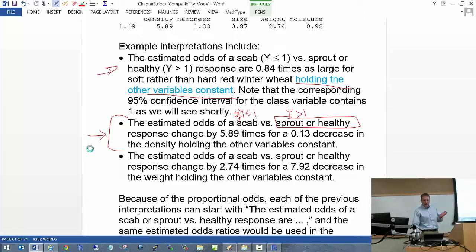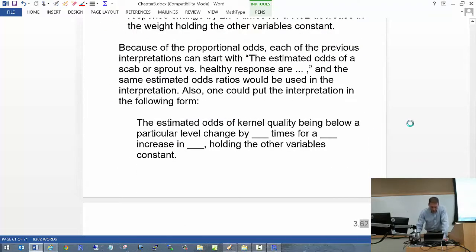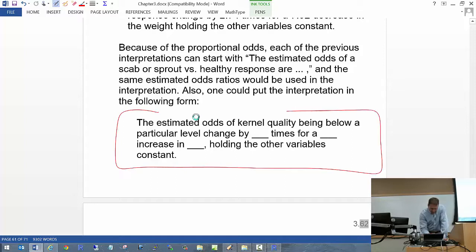Now, because you get essentially the same interpretation, it's often better to make the following way to interpret these odds ratios. Please take special note of this.